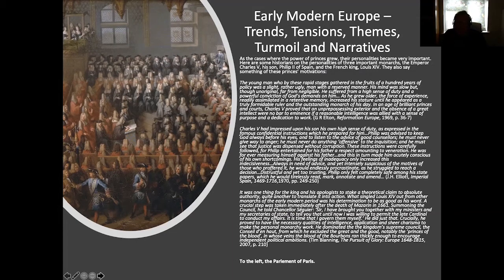And then it says about Philip II, his son, who was far less confident. It says that Charles V had impressed upon his son his own high sense of duty, as expressed in the famous confidential instructions which he prepared for him. And at the bottom, the final sentence here is, Philip only felt completely safe among his state papers, which he would tirelessly read, mark, and annotate and amend.